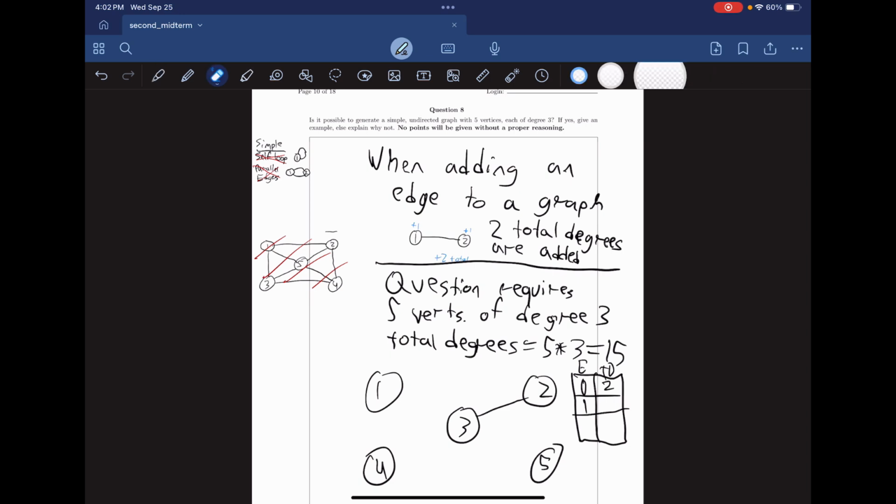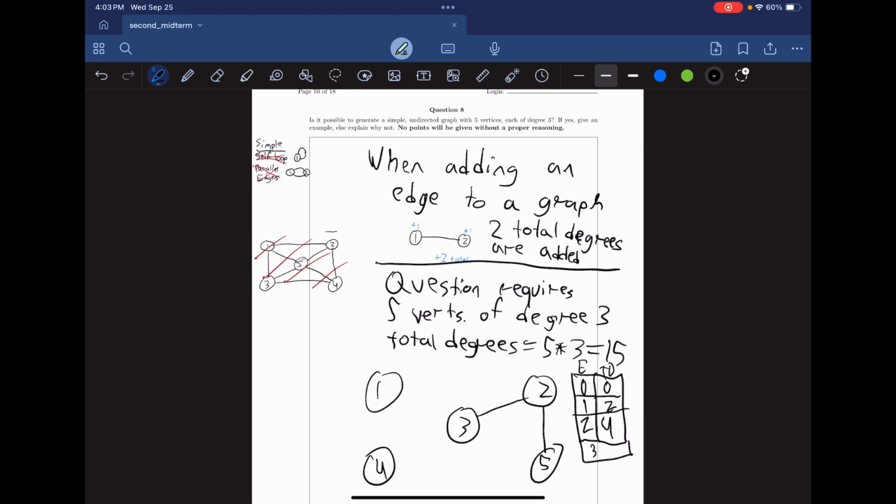When we have 0 edges in the graph, we have 0 degrees. It's an oversight on my part. When we have 1 edge in the graph, we have 2 total degrees. When we have 2 edges, we have 4 total degrees. 3 edges, and so on, keep going.